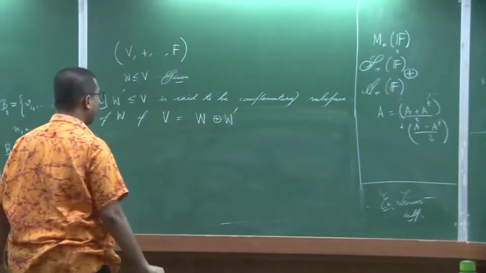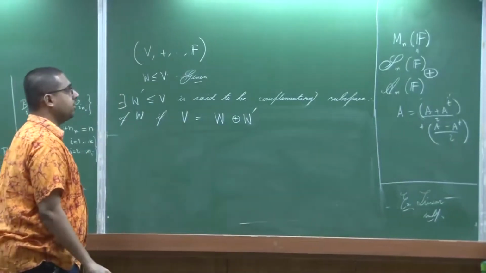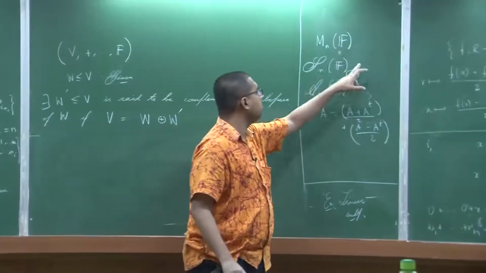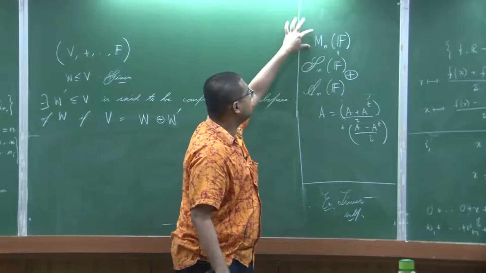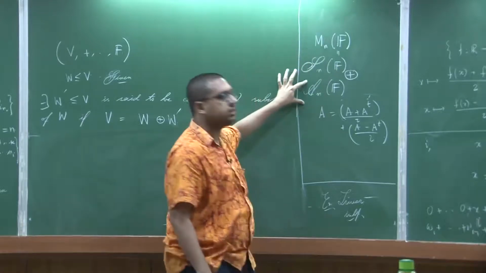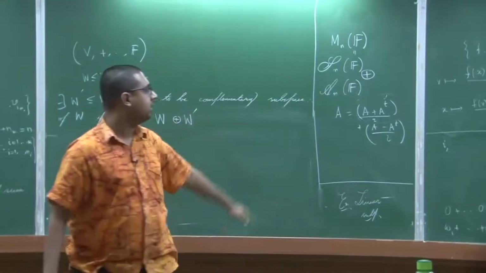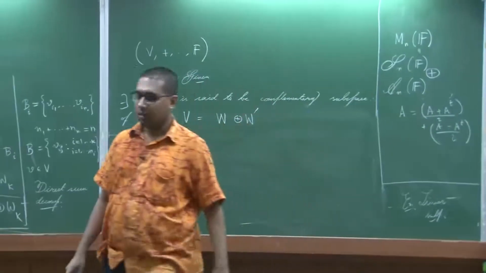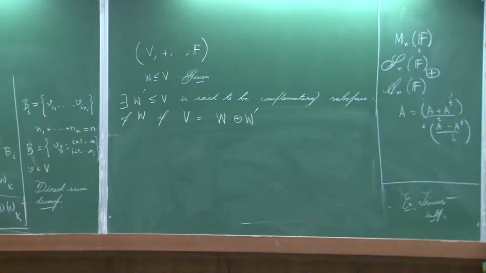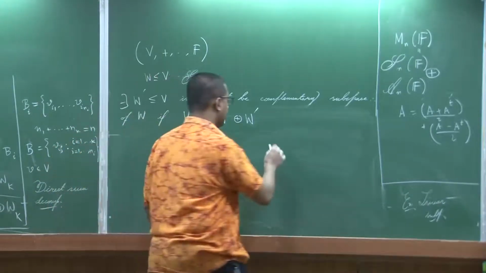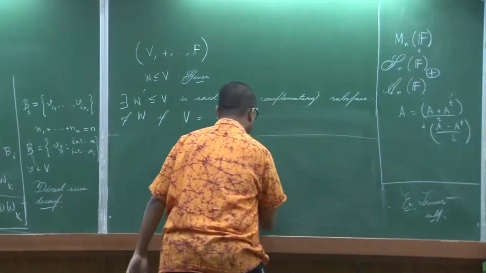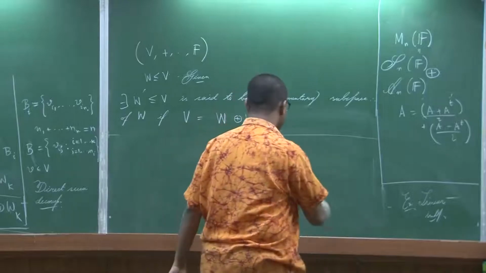What is an example of a complementary subspace? Suppose this is my V, this is my W. Then this can be regarded as a W prime. Maybe one more example I should have given, the example that I have already rubbed.